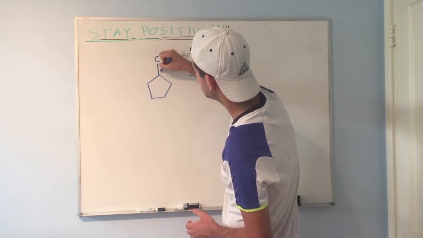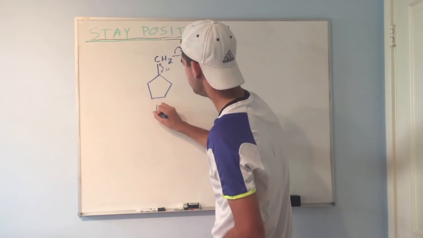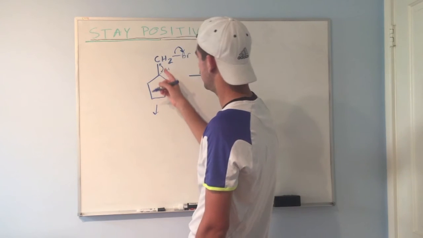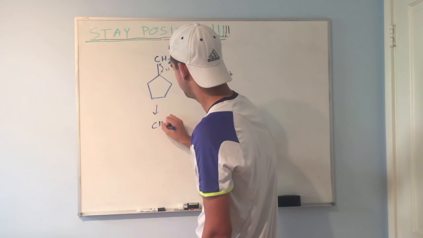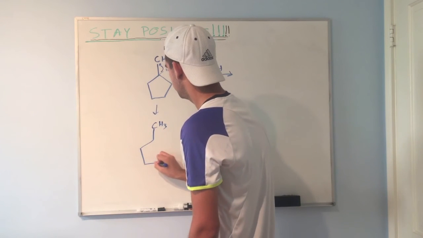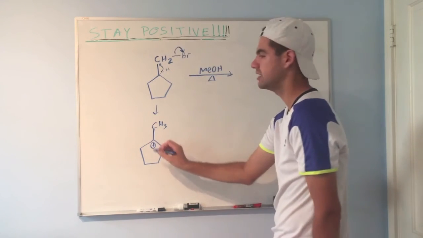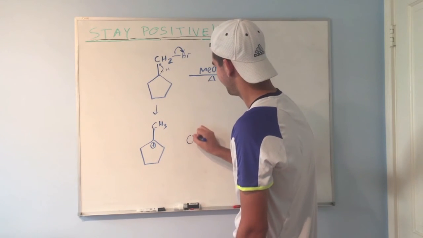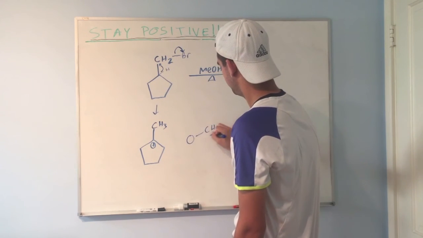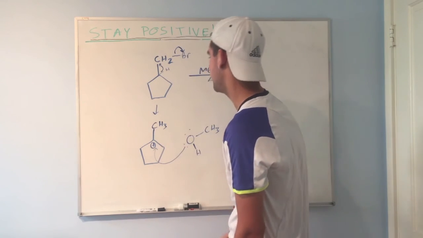We're going to move this hydrogen up to the carbon as this bromine leaves. That gives us a methyl group actually on top, CH3, right? It gains that hydrogen. And now we have a carbocation right here, tertiary. That's a plus sign, sorry. So now we have methanol come in, attack the carbocation.